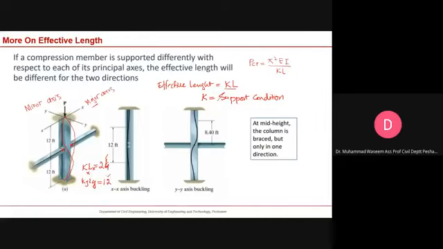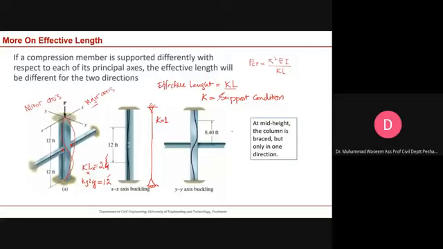These KL values are valid if your support conditions are pinned. If we have this type of situation, a pin, then for a pin condition the K value is 1.